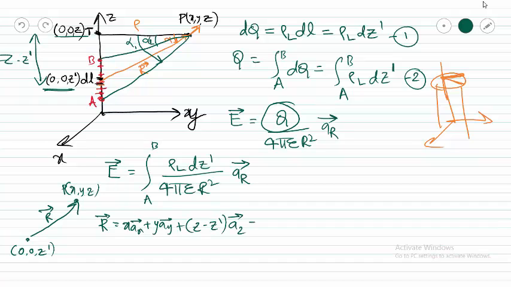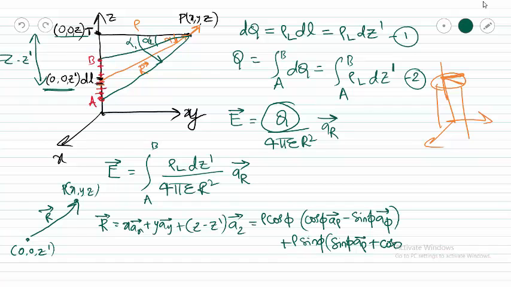In terms of cylindrical coordinates, x is equal to rho cos phi and ax bar is equal to cos phi a rho bar minus sin phi a phi bar, plus y means rho sin phi and ay bar is sin phi a rho bar plus cos phi a phi bar, plus z minus z dash az bar.